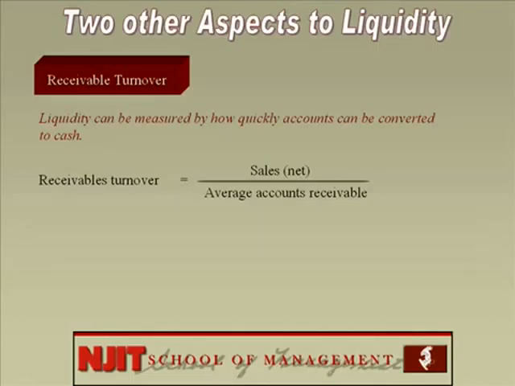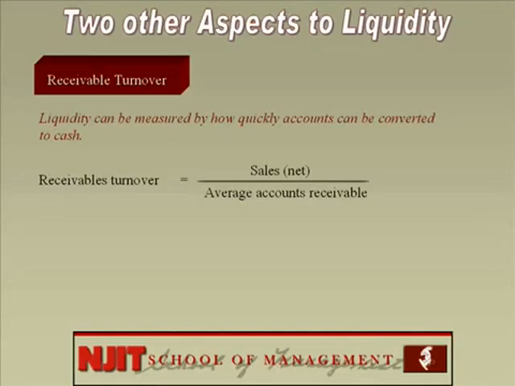Okay, let's talk about this a little more. I'm going to repeat. An important aspect of liquidity is how quickly accounts receivable can be converted to cash. The more quickly, the better for your cash.